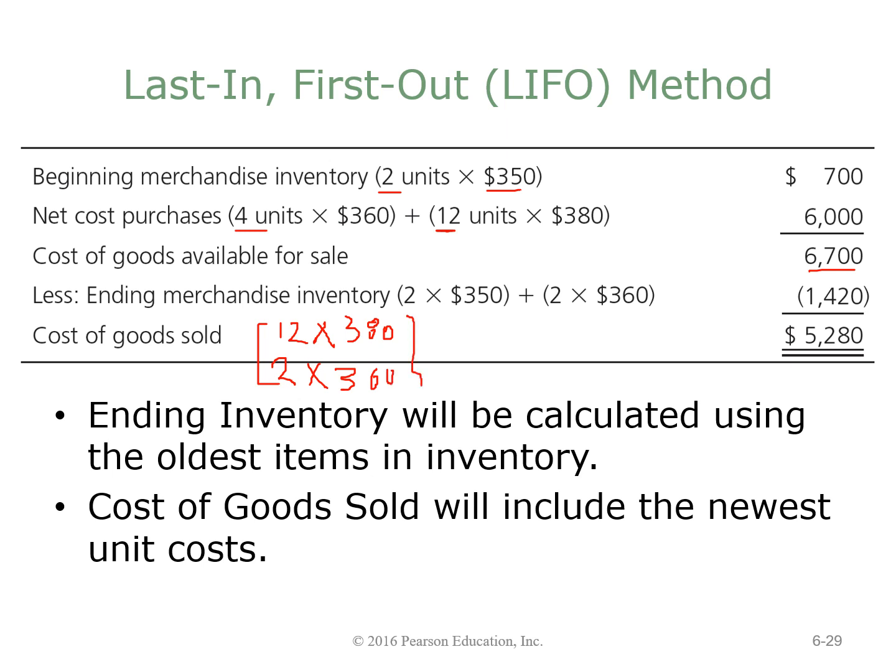If you calculate that, it will be 5,280. In that case, I have 6,700 available and I have 5,280 sold, so the ending will be 1,420.